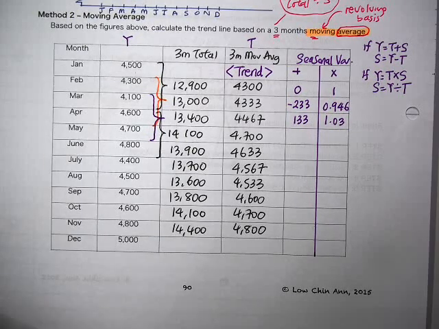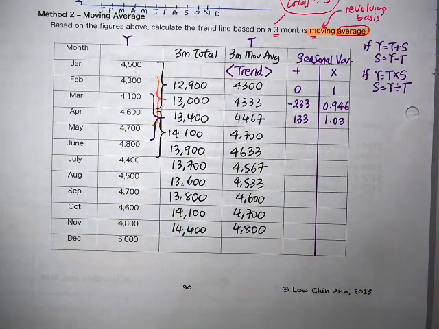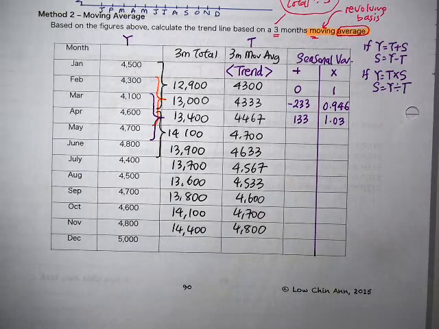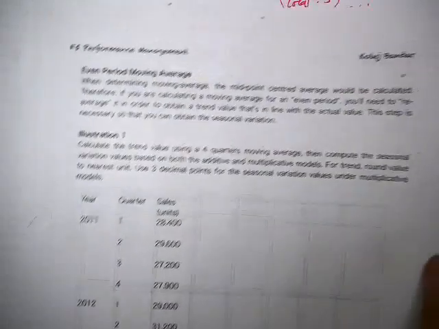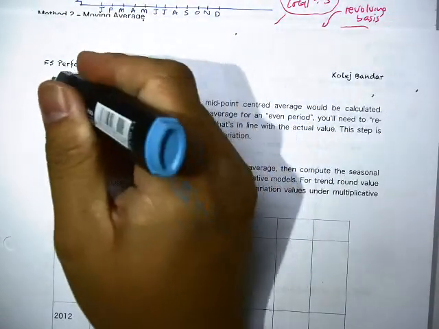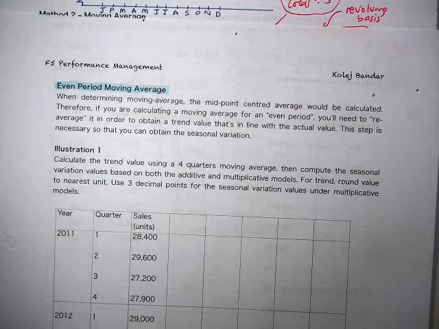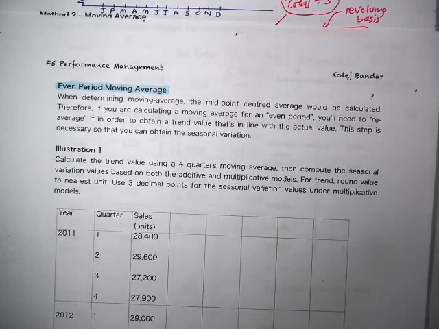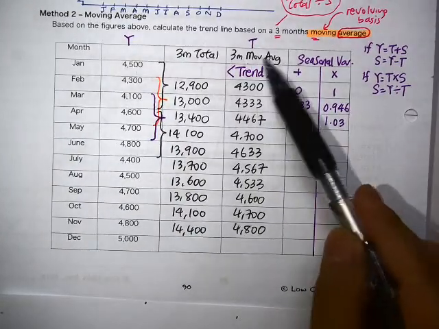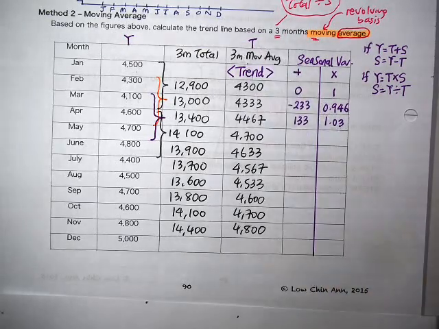Okay. Now, so we have looked at the second method called moving average. Now what's the third method? Okay. Now before I come to the third method, we have one small issue that I need to discuss further. Is when we have an even period average. See class, if you're asked to determine moving average to determine your trend, if the period is odd period, you don't have a problem.